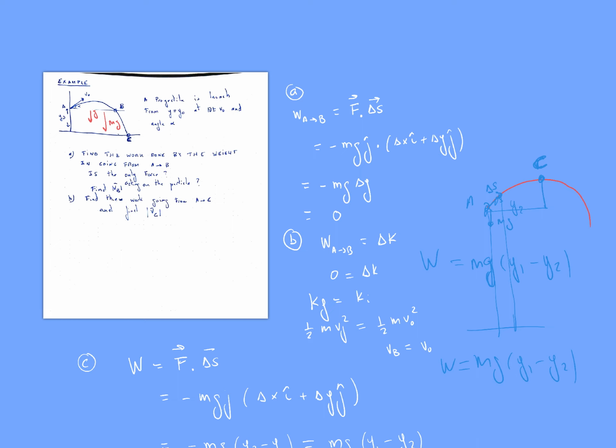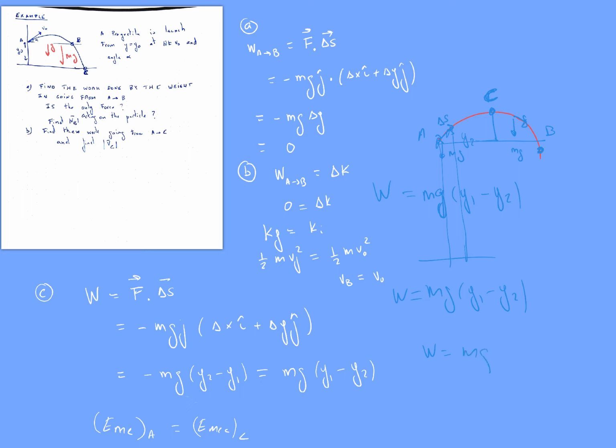In going from C to D to B, the displacement is going in this direction, and the force mg is going in this direction. So the work in going from C to D will be the same expression.